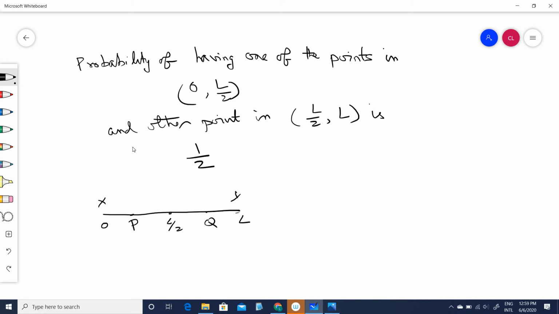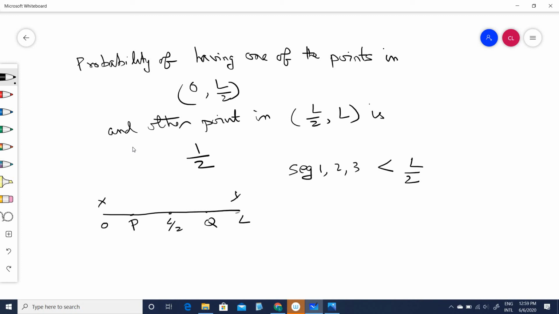Now this is not all. We need to still follow the condition that all the segments, whether it is segment 1, segment 2 or segment 3, are all less than L by 2. This is a necessary and sufficient condition, because given that segment 1 plus segment 2 plus segment 3 is equal to L, if each one of them is less than L by 2, we are guaranteed that the sum of any two is going to be greater than the third.